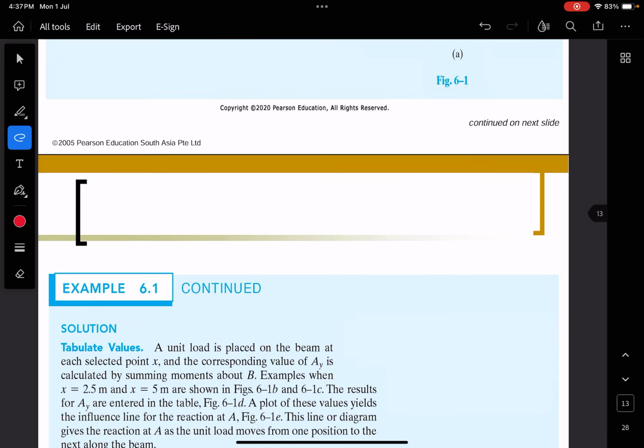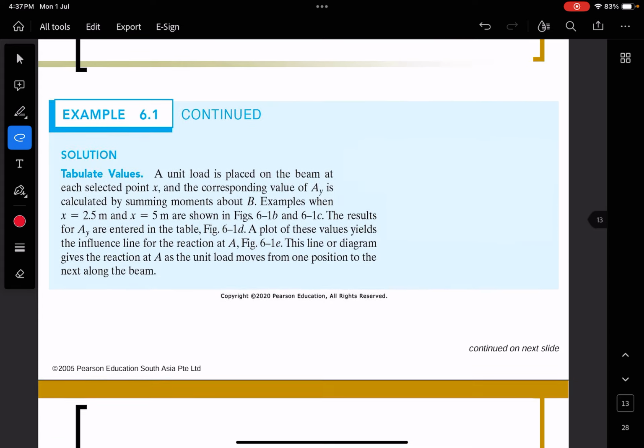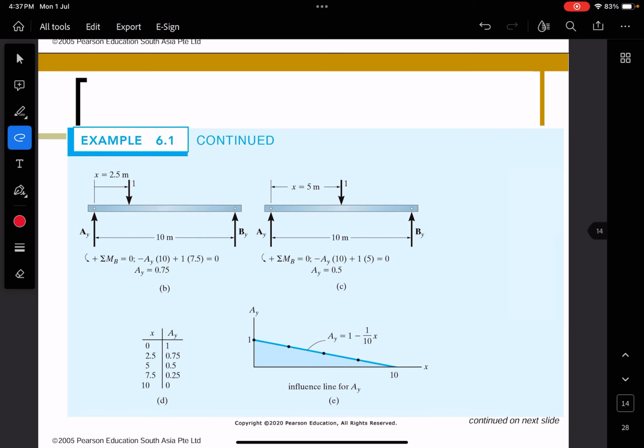Since the question asks you to construct the influence line for the vertical reaction at A, you start with A. Starting from A, you place 1 unit load.